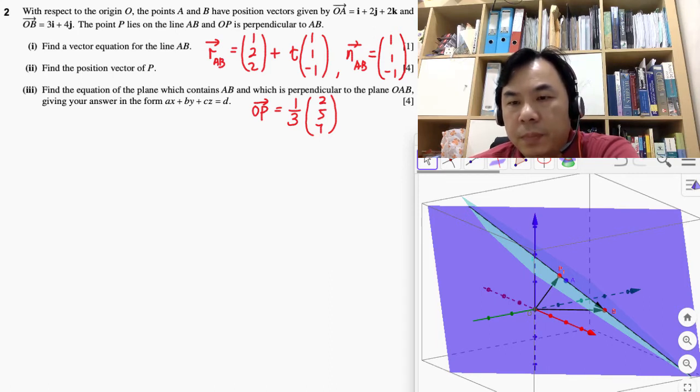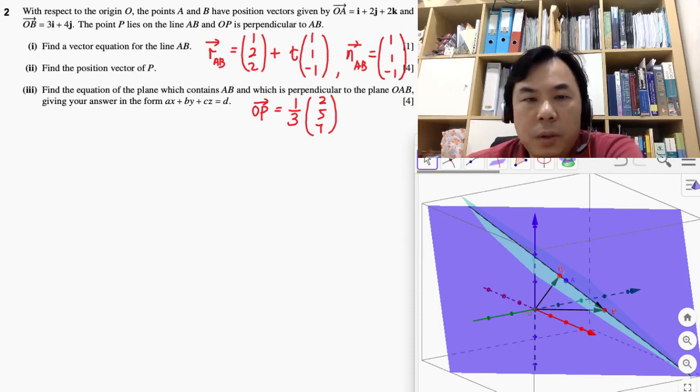So the first step: we already know the point on the plane, which is given by OP. Now all we need to do is obtain the normal to the plane. Let's label the green plane as plane pi.